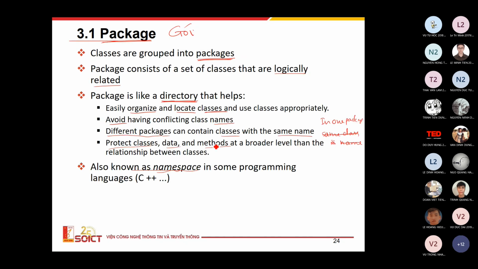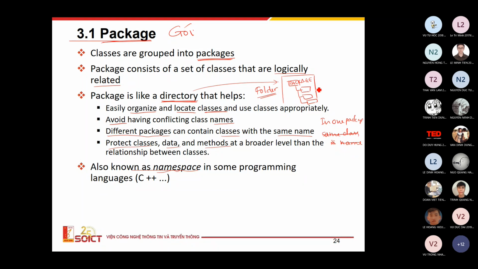And for example, here we say that the package looks like a directory. So when you write your program, you see something in the source code like this. It looks like a folder in your computer, and we will have the package here.